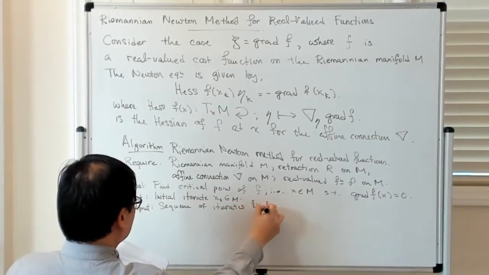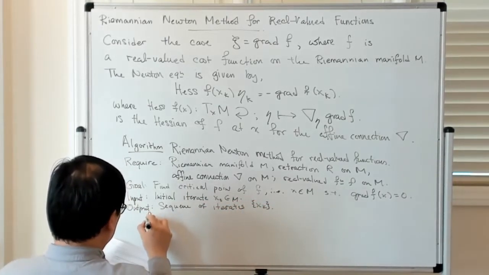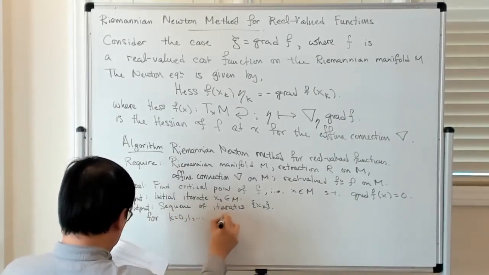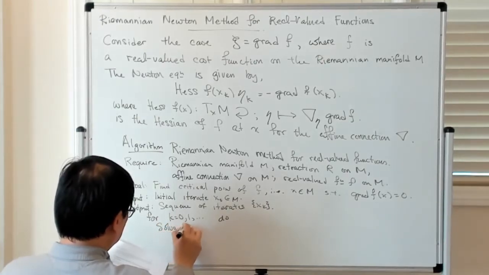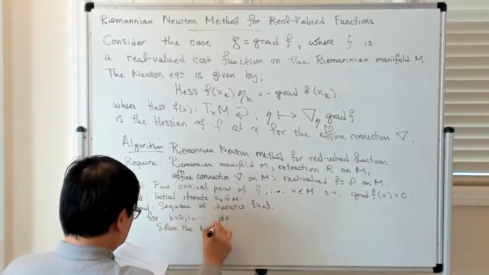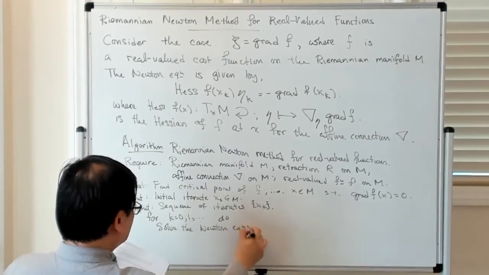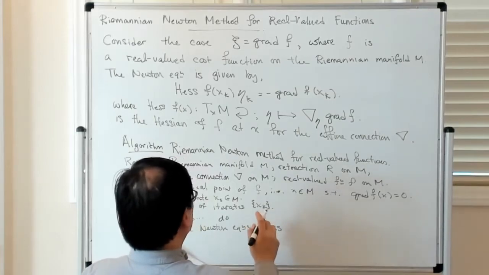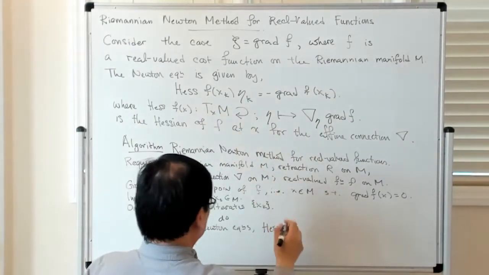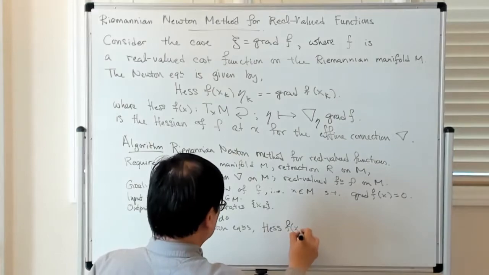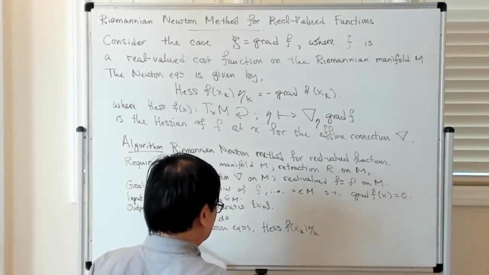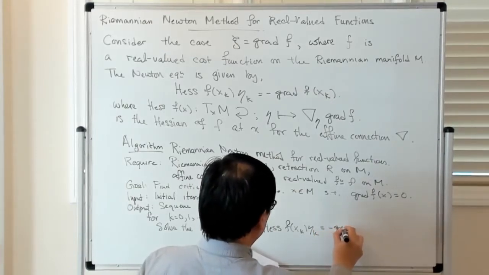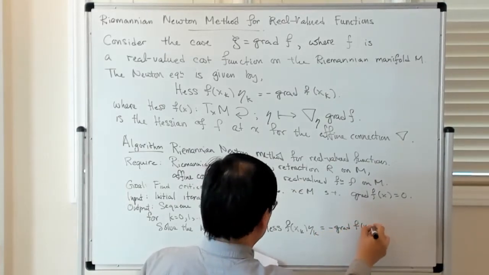Okay, so again, for k equals 0 and so on, you do the following. You solve the Newton equation, which is Hessian of f of xk applied to eta k is equal to the negative gradient of f at xk.